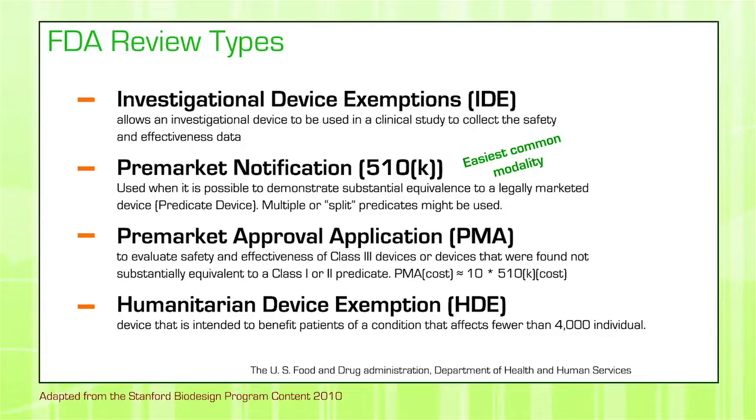Nonetheless, split predicates are not as used in the industry as they were years ago because of the agency's idea that split predicates might bring a higher degree of risk associated with newly commercialized products.